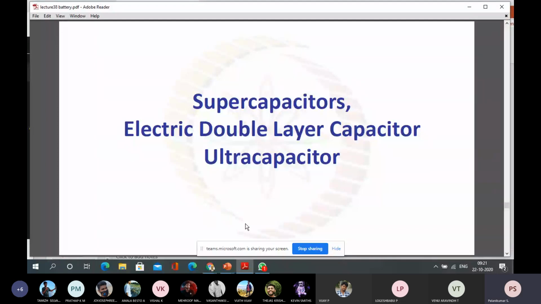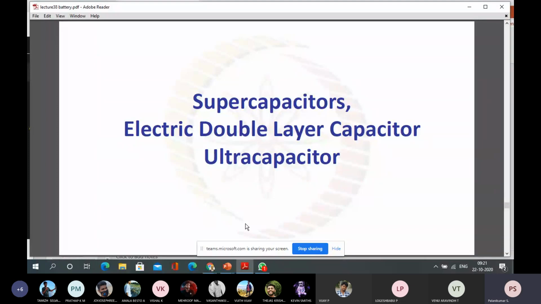So the better alternate for supplement, if you compare the fuel cell with the supercapacitor or ultracapacitor, is the supercapacitor. I can use capacitors also. The difference between a supercapacitor and a capacitor is that it has a high value of capacitance, so it can store high energy density.